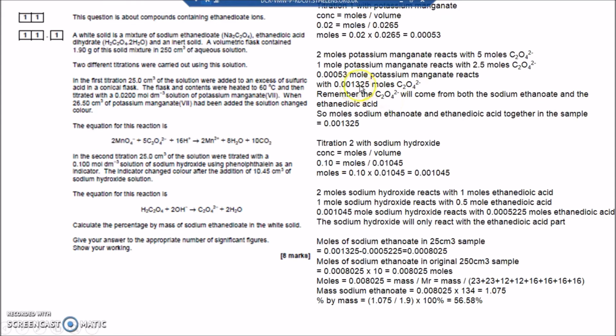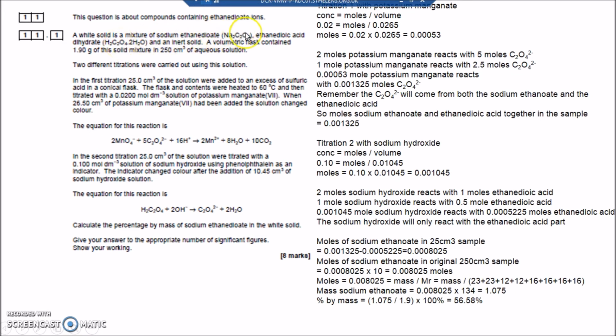So where does the ethane dioate come from? Well, I've said it comes from sodium ethane dioate, and it comes from the ethane dioic acid dihydrate. It comes from both of these. So it comes from both the chemicals. So the sodium ethanoate and the ethane dioic acid together in the sample are that number of moles, because they make the ethane dioate ions between them.